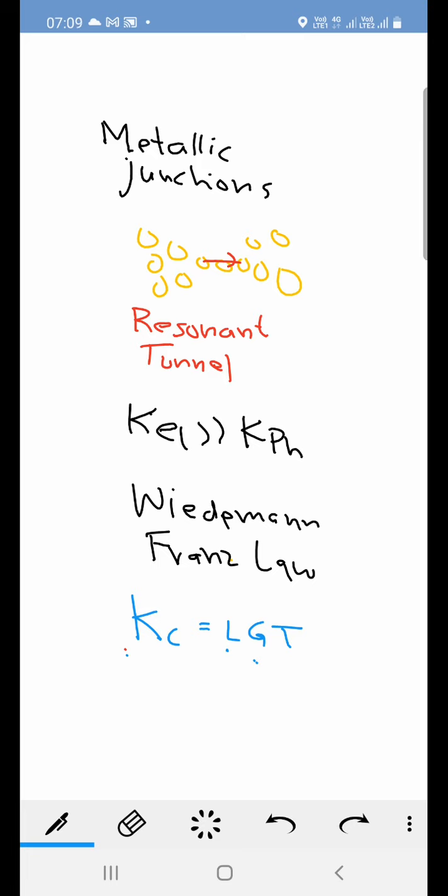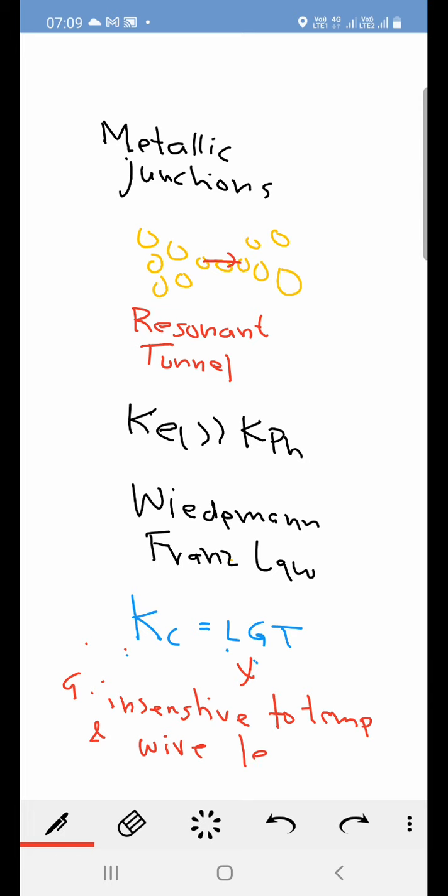So this electrical conductance is insensitive to temperature and wire length. So it indicates that G is insensitive to temperature and the wire length. That means the length they are talking about.